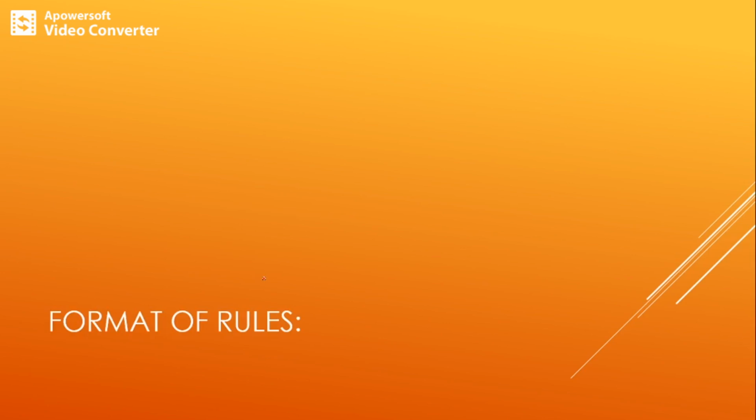Next, the format of rules. What's the format of a rule? In a regular grammar, a grammar is nothing but a set of rules. There are many rules in that.